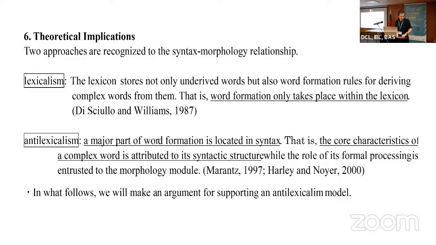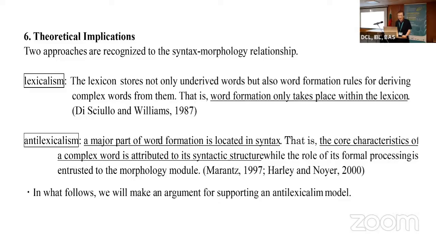Two approaches were recognized to the syntax-morphology relationship. The one is lexicalism, which claims the lexicon stores not only derived words, but also word formation rules for deriving complex words from them. That is, word formation only takes place within a lexicon. This is lexicalism.